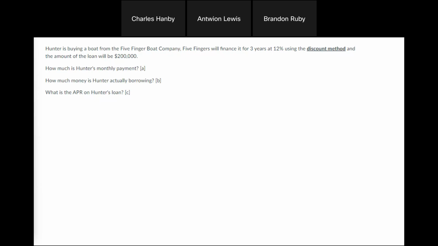Okay, so we have 3 types of loans that we went over a few weeks back. This first problem is a discount method. We have add-on method, and then declining balance.